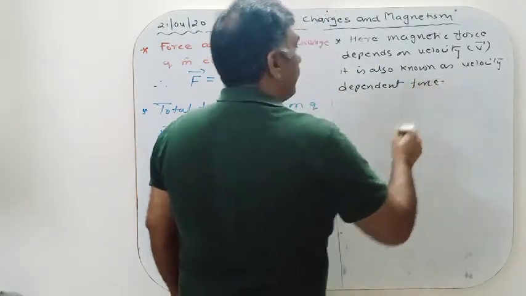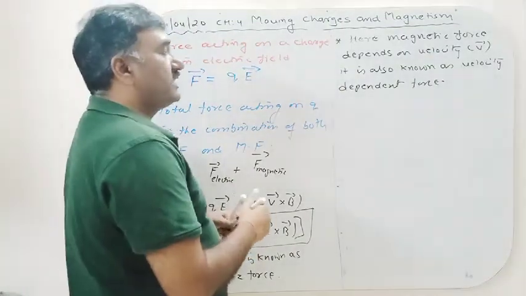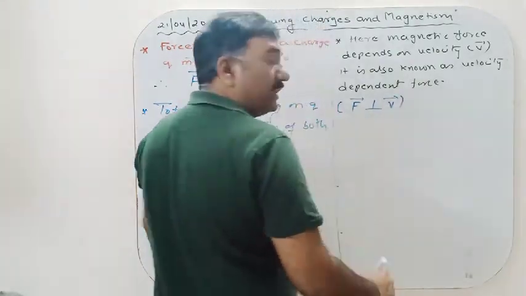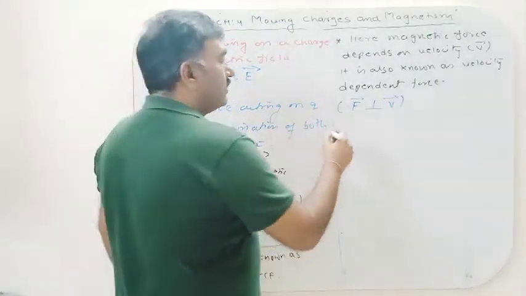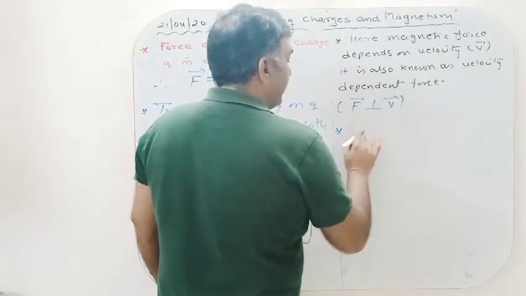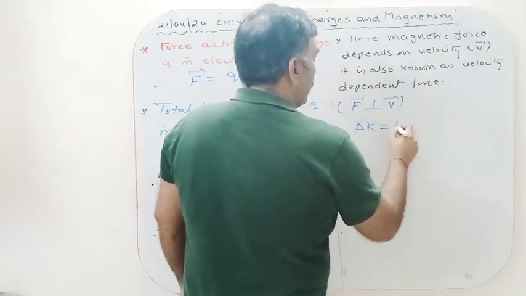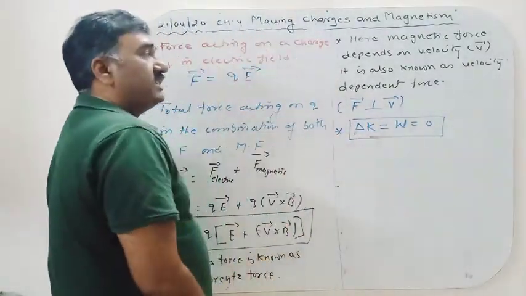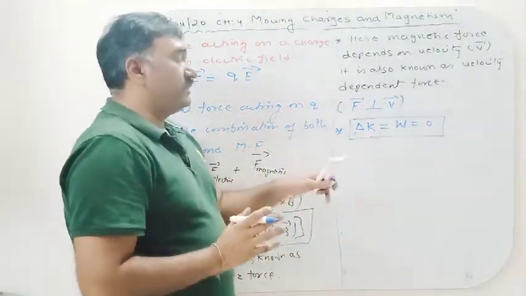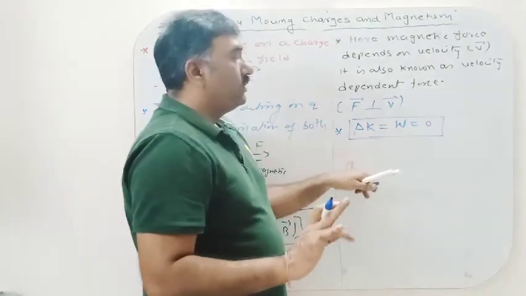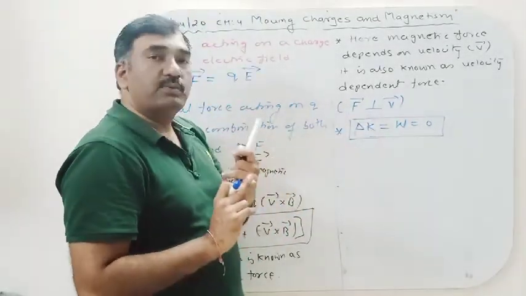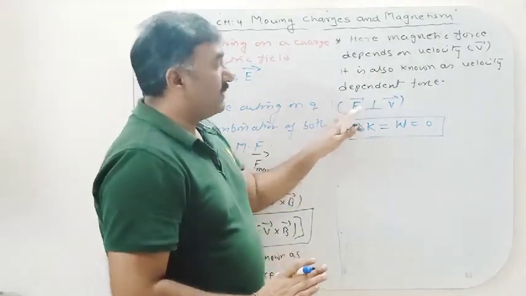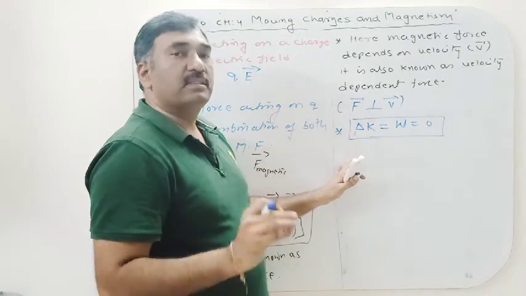When the force is perpendicular to the velocity, the change in kinetic energy, which is equal to the work done, remains 0. There is no change in the kinetic energy of a charge moving in a magnetic field. This force is only used to change the direction of the charged particle, and the work done by the magnetic force on the charged particle is 0.